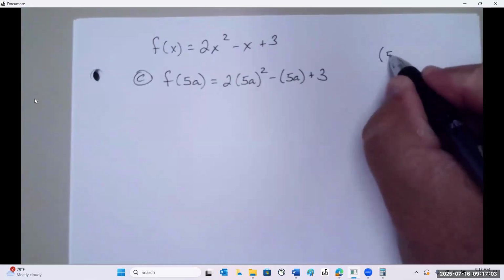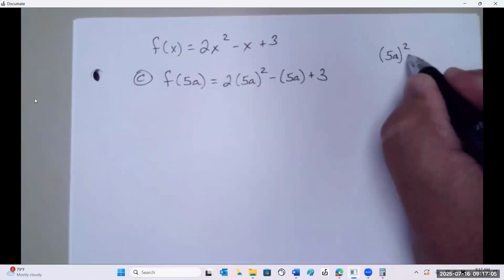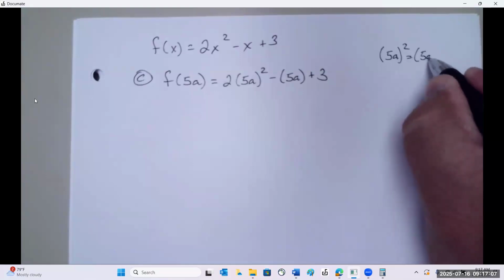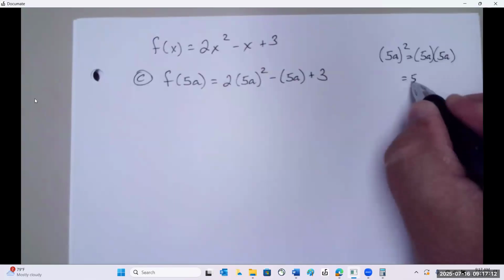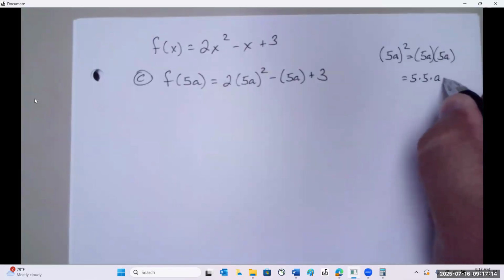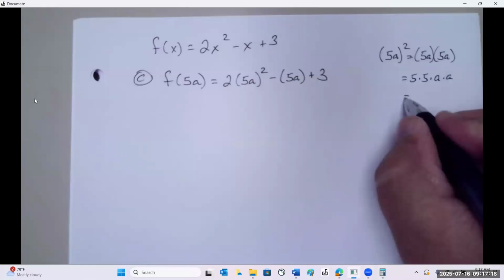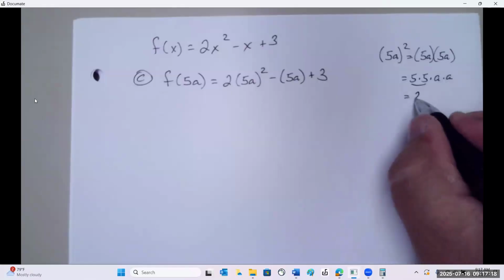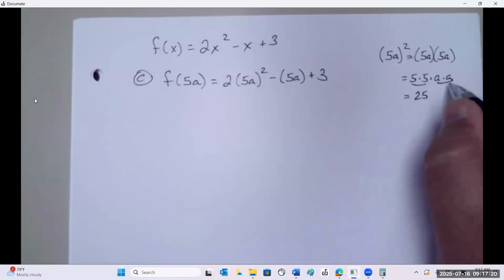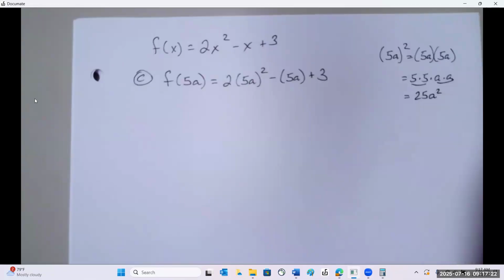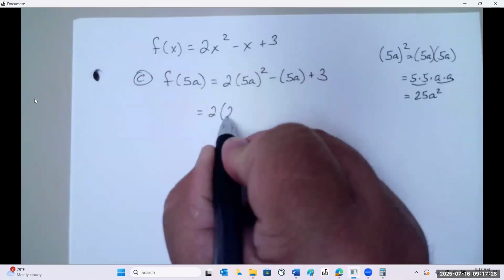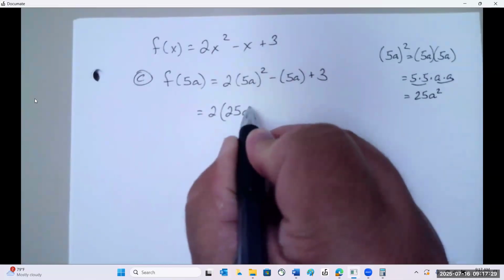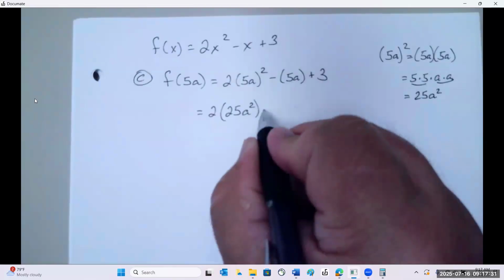So what we have here is 5a squared, which is 5a times 5a, which makes it 5 times 5 times a times a. 5 times 5 is 25. a times a is a squared. So 25a squared.